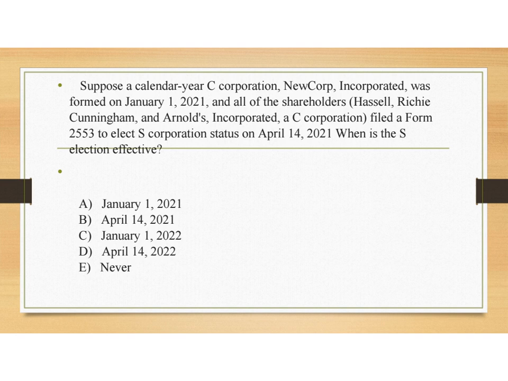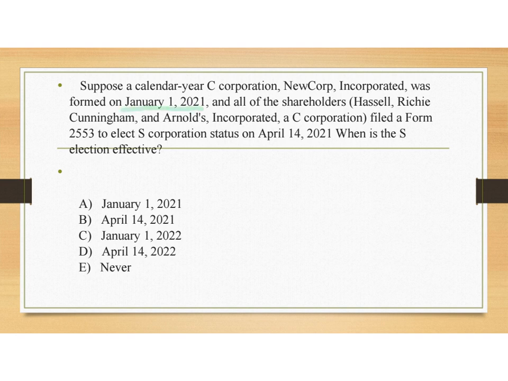All right, so now we come to when S corporation elections are effective. So when is that election to be an S corporation effective? Let's take a look at this problem. We have a calendar year end C corporation formed January 1st of 2021.